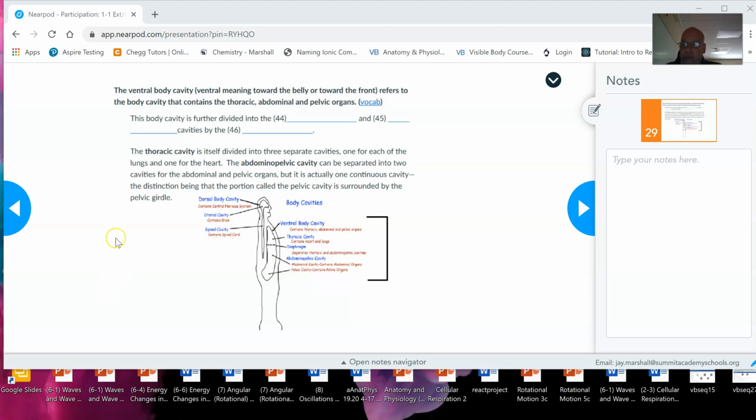And the ventral body cavity, meaning toward the belly or toward the front of, refers to the body cavity that contains the thoracic, abdominal, and pelvic organs.